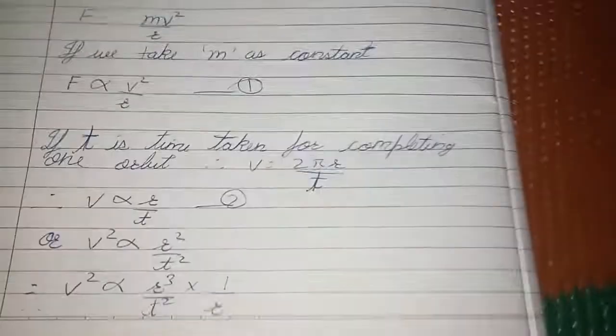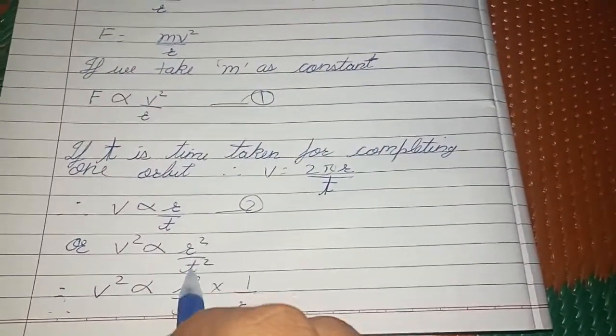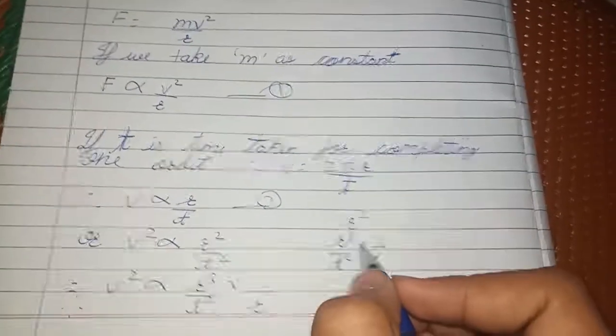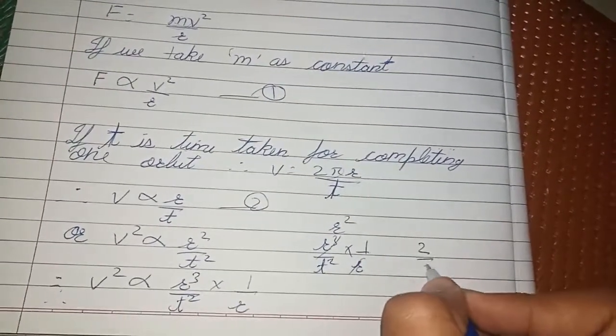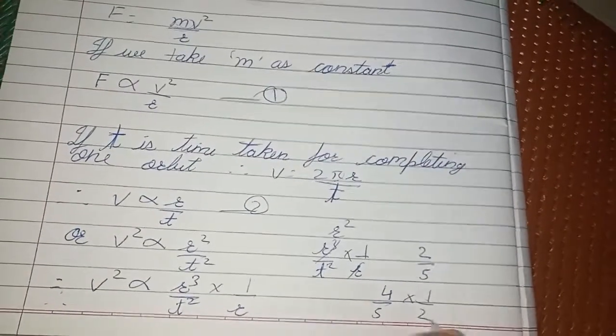So here comes the change. We can write r square by T square as r cube by T square into 1 by r. We know that r and r will get cancelled, and we will get r square by T square only. See here, r cube by T square into 1 by r. For example, if we are writing 2 by 5, we can also write 4 by 5 into 1 by 2.